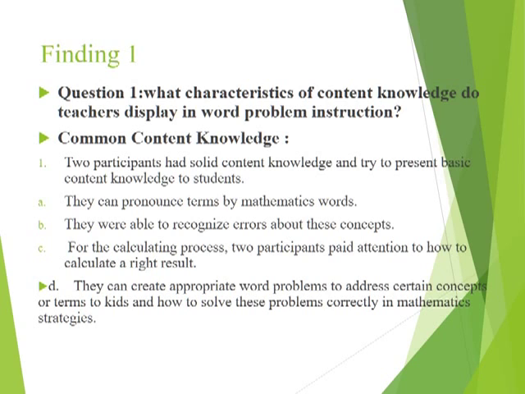For the calculating process, two participants pay more attention to how to calculate a right result. Also, they can create appropriate word problems to address certain concepts or terms to kids and how to solve these problems correctly in mathematical strategies.